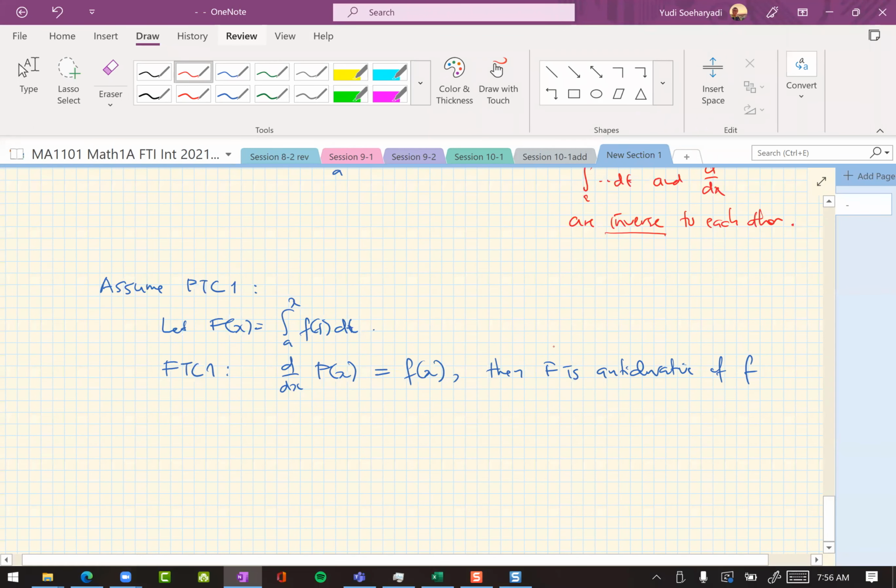Antiderivative. What does antiderivative mean? F prime equals f. Okay, and recall that any two antiderivatives only differ by a constant. Let's see.